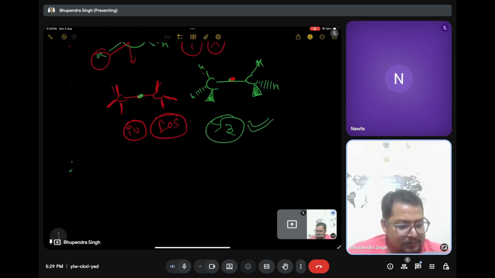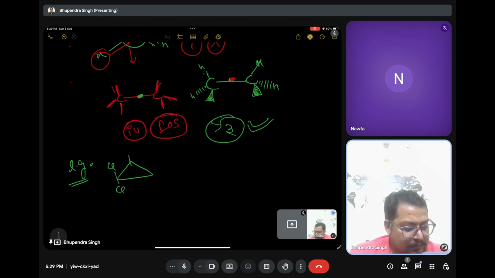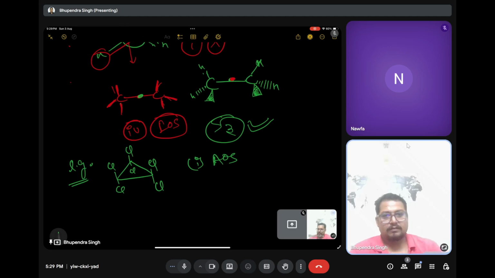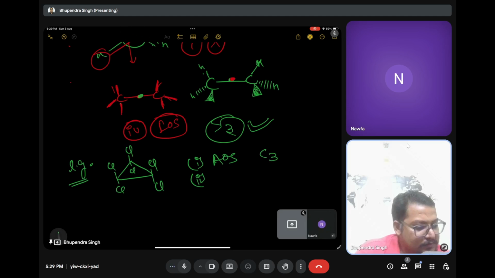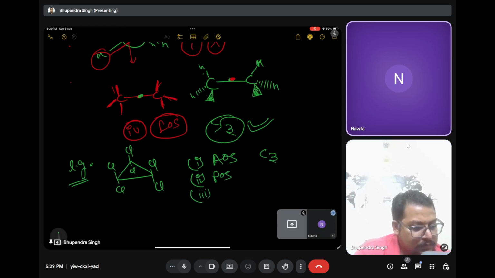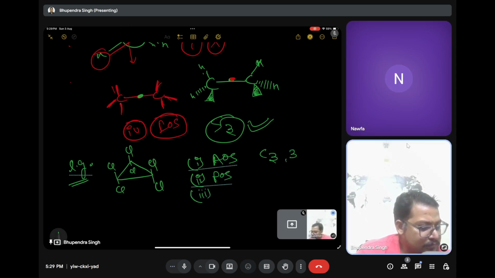Now another example: Cl, Cl, Cl, Cl, Cl, Cl. Now tell me, first the axes of symmetry. What axes are present? C3, yes, C3 is present. C3, C2s.